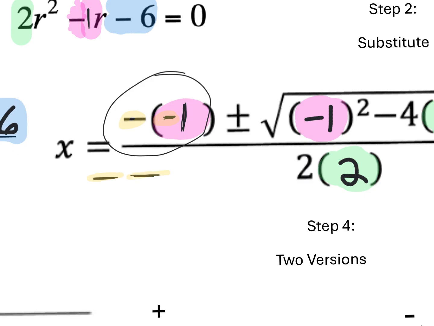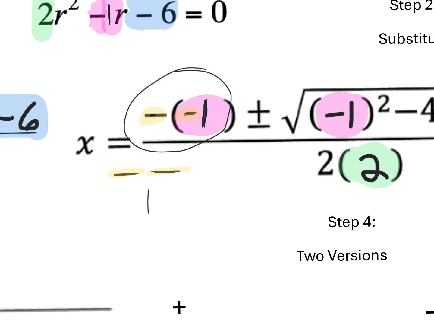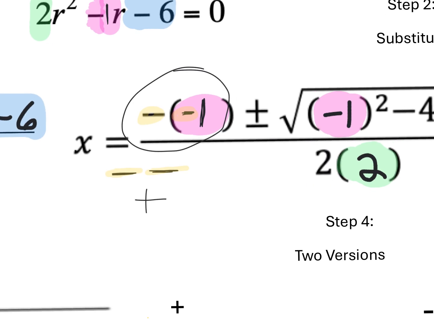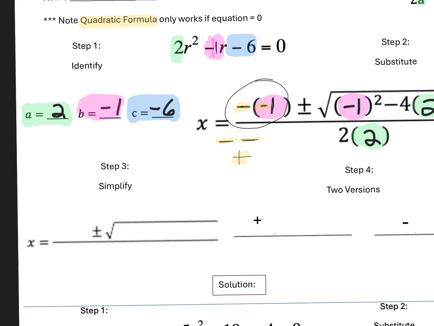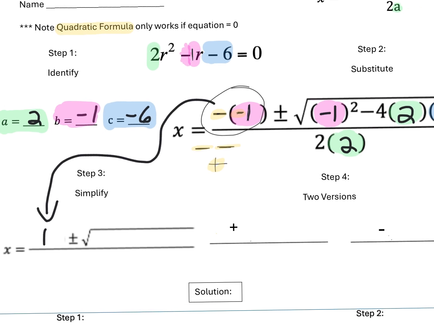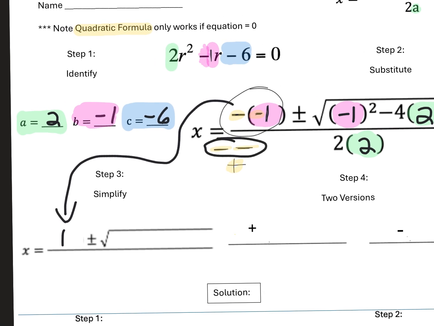So what happens when I have 2 minuses? It turns it into a plus. So when I go to move this 1 over to the next step in the formula, which is right here, I'm not going to put a -1. I'm going to make it a +1. And again, that was because I had those 2 negatives.